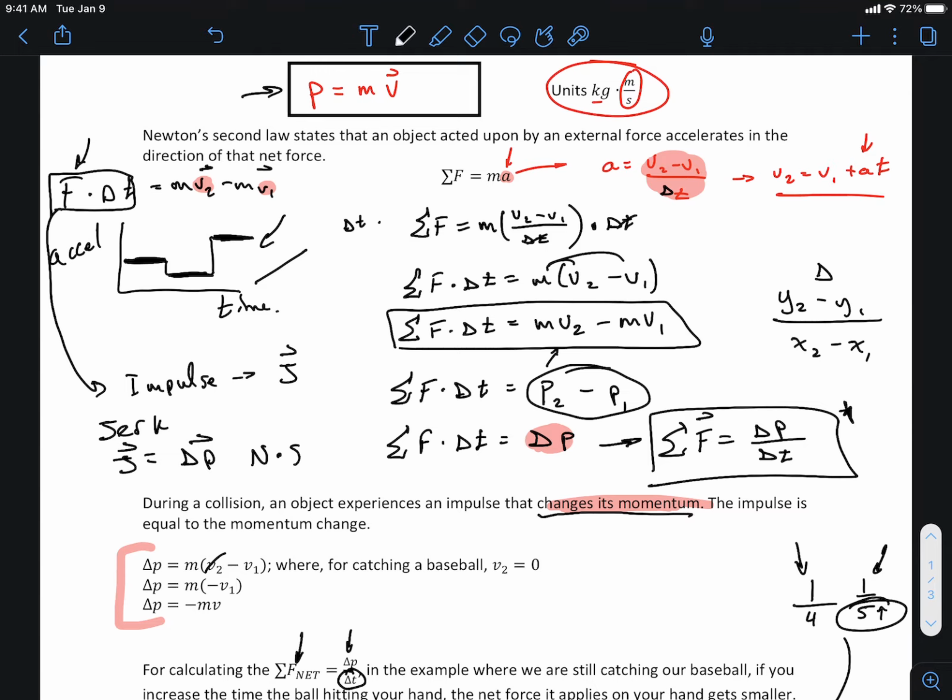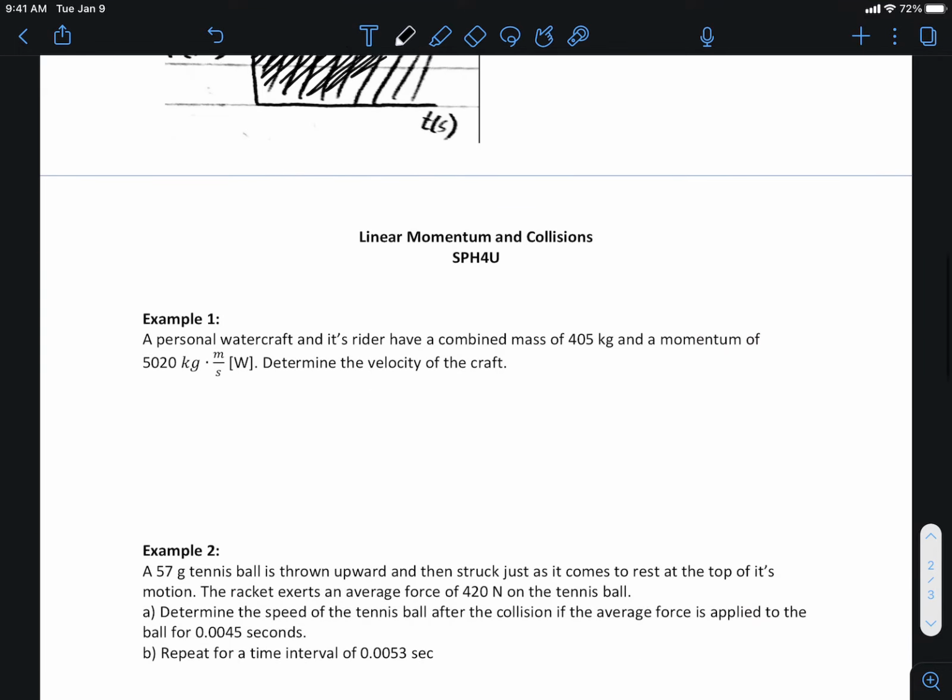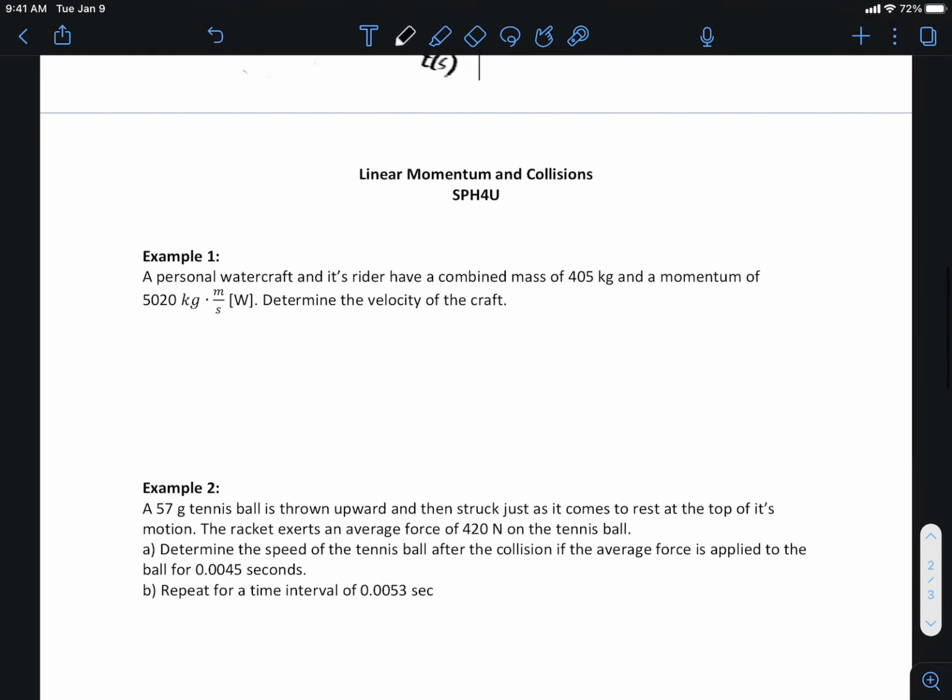in the question. So, for instance, a personal watercraft and its rider have a combined mass of 405 kilograms and a momentum of 5,020 kilogram meter seconds, west. We want to determine the velocity of the craft. So it's not too bad.